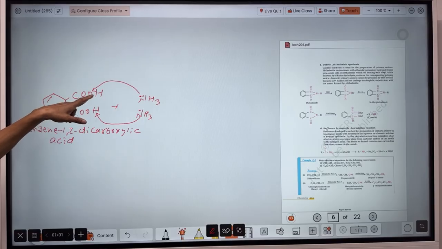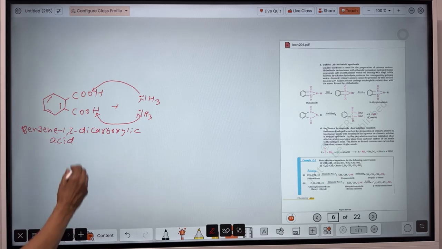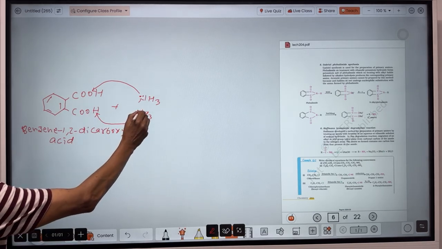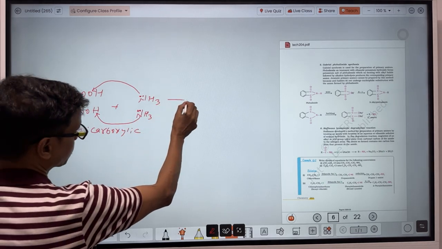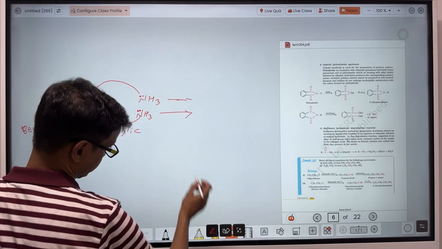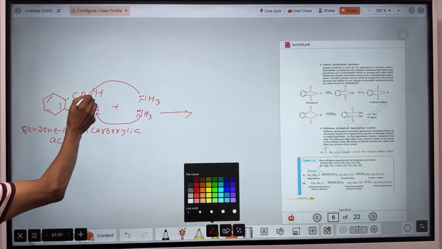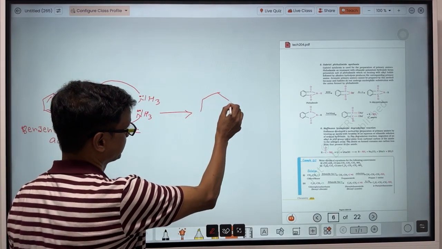Hydrogen will go, taking its own electron as well as the electron of the oxygen to which it was bonded. So as a result, there will be formation of NH4+ here, and negative charge here, which will be electrostatically bonded. So the structure will be here.